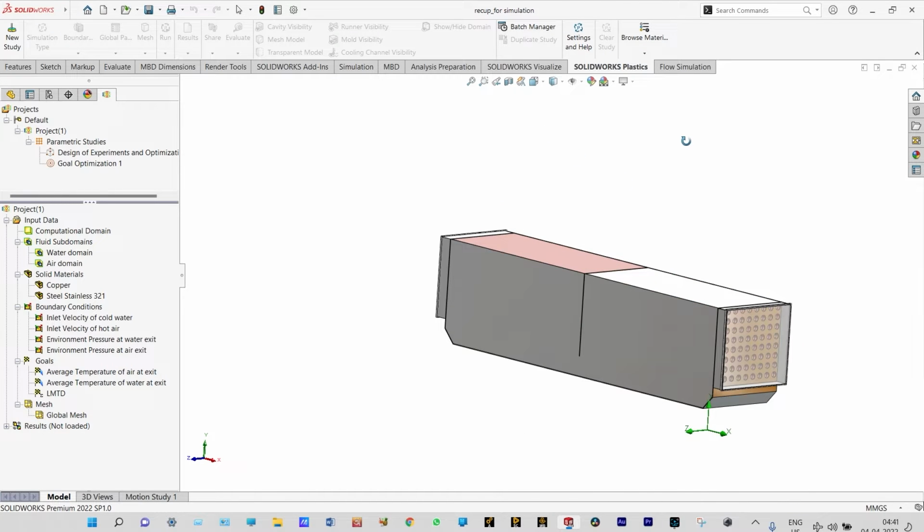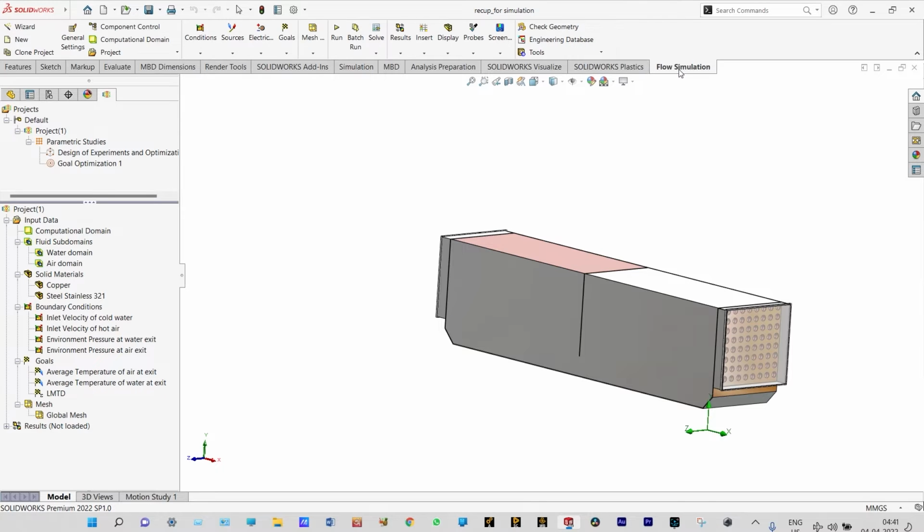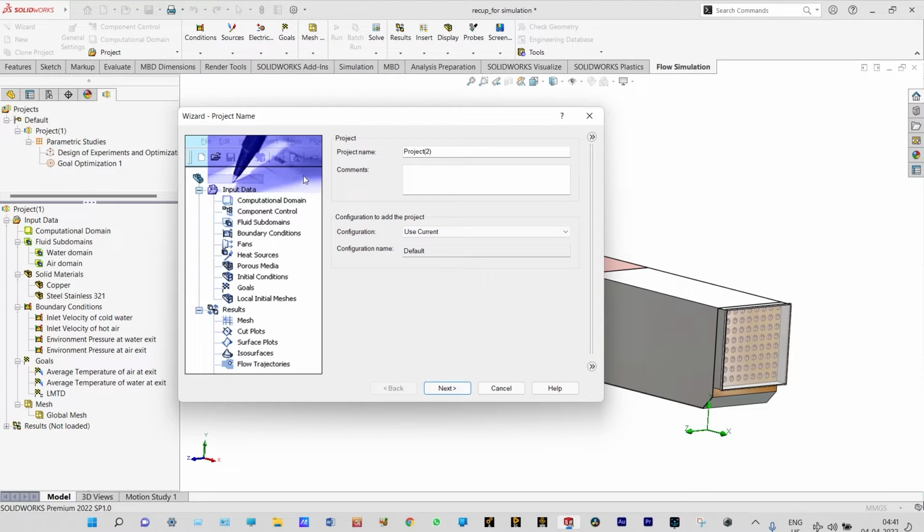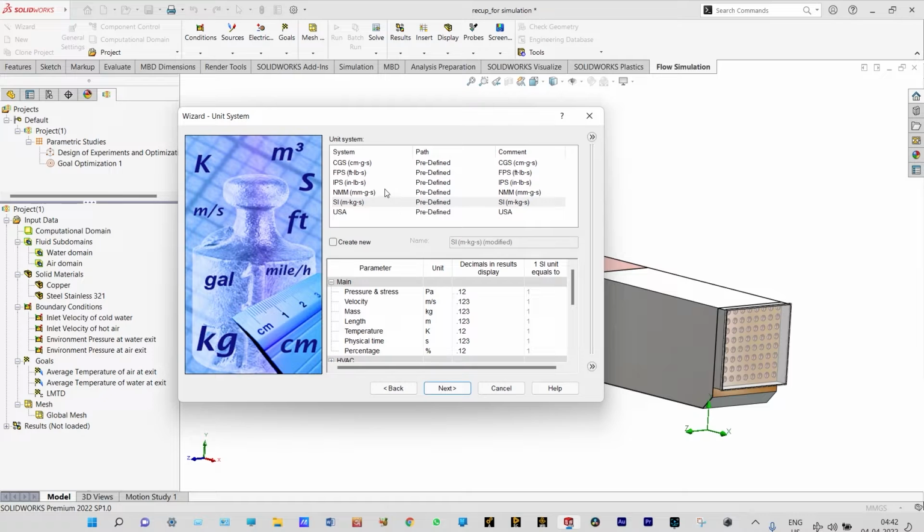Now for initiating flow solution, we have to start from here, and for initiation of flow solution environment, we need to start from wizard. And we're keeping the name of the project as project 2 because project 1 we have already performed. Next to that, we need to select unit system as SI, and we'll consider temperature as degrees Celsius.